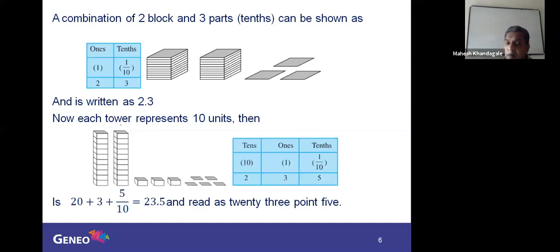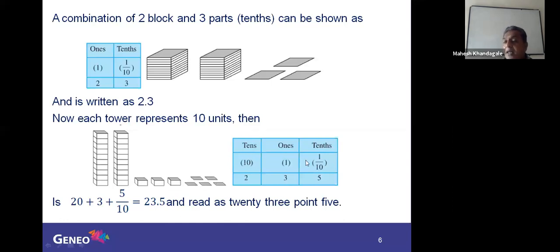Correct? Now, if we are having such blocks, so one tower consists of 10 units and we take 2 such towers. So how much is that? Altogether it is 20 units. And then 3 ones we have taken. So these are 3 small blocks and 5 parts of 1/10 here.